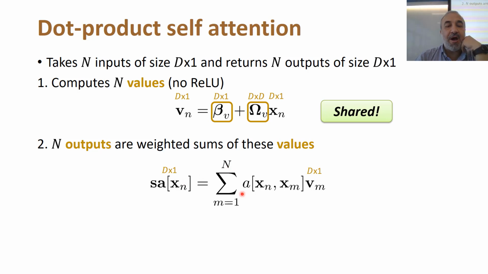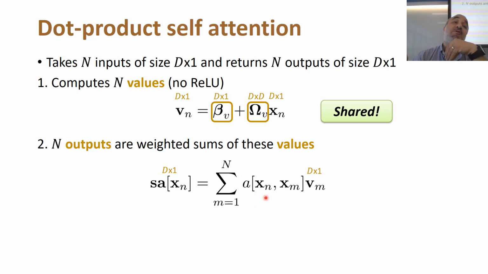So the output will be a weighted sum of all the value vectors. v_m is the vector for the word number m, and we are summing over m from 1 to N. If you forget about this term and assume it's not there, it's like summing all the value vectors, the ones that we got from step 1.